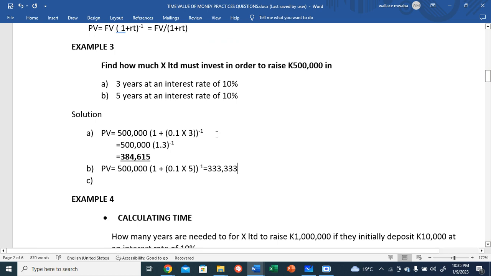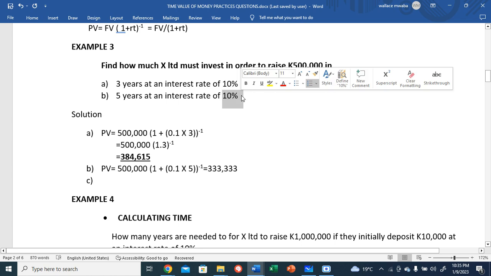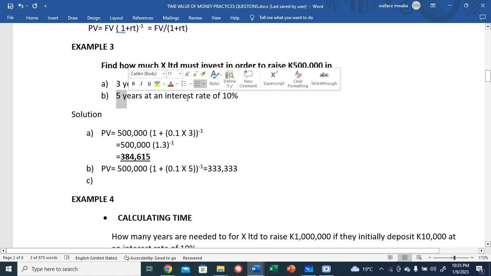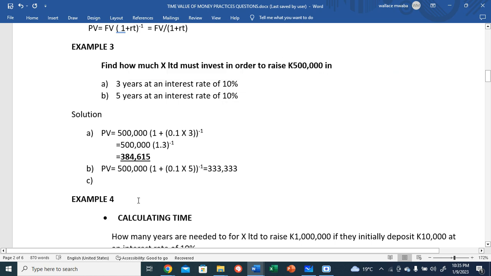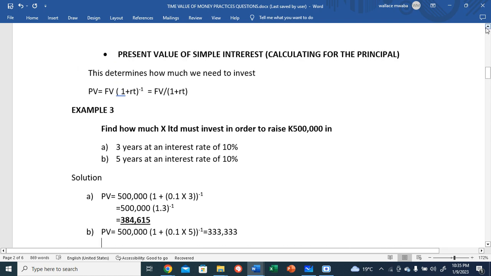So this is how much you must invest, and at an interest rate of 10%, after 5 years, you get 500,000. So that's how we get our present value, which is also the principal, for simple interest.